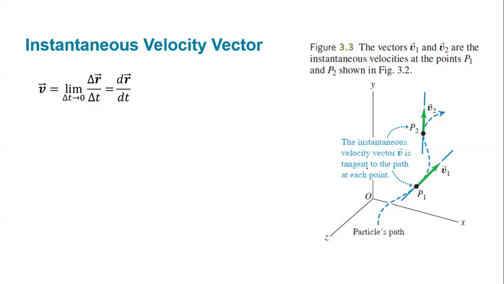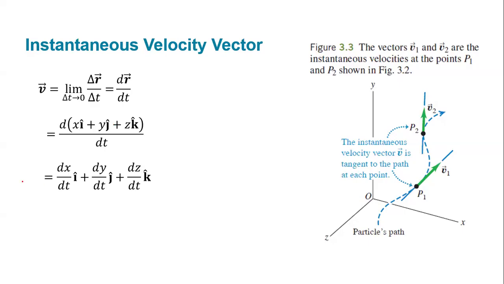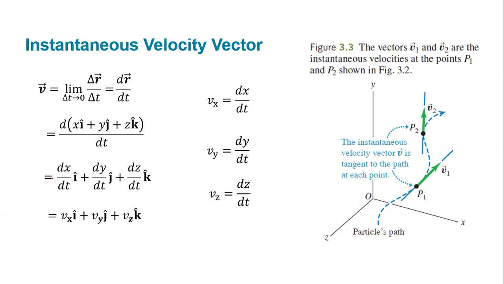We described that the instantaneous velocity vector is just the derivative of the position vector with respect to time. We know the position to be a vector like this. If you expand this vector, distribute and simplify, you have this equation for the instantaneous velocity vector. If you remember, the x velocity is just equal to dx over dt.